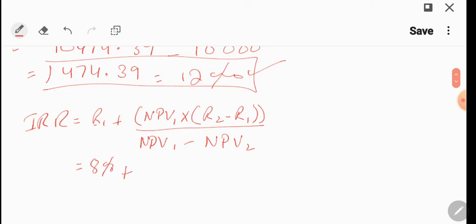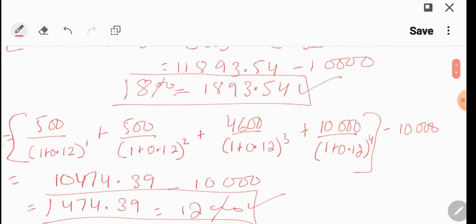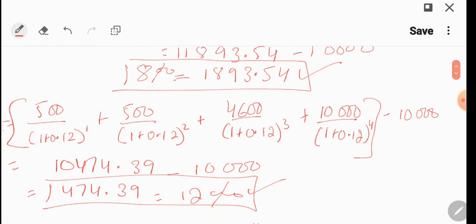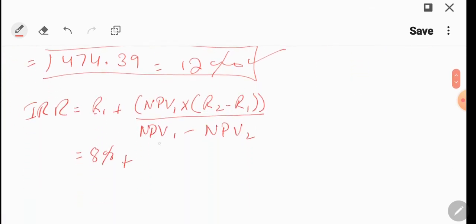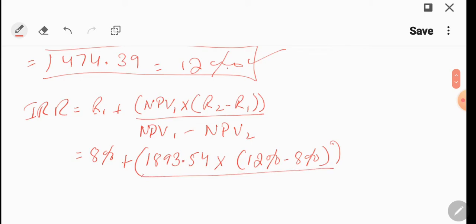Plus NPV1, the NPV we got at this rate, and the higher NPV is 1893.54. Multiply it by R2 minus R1. So R2 is 12% minus 8%. And then divide this by NPV1 minus NPV2.